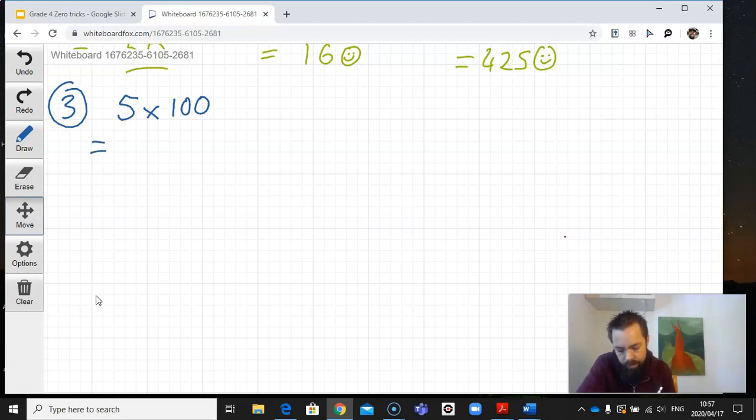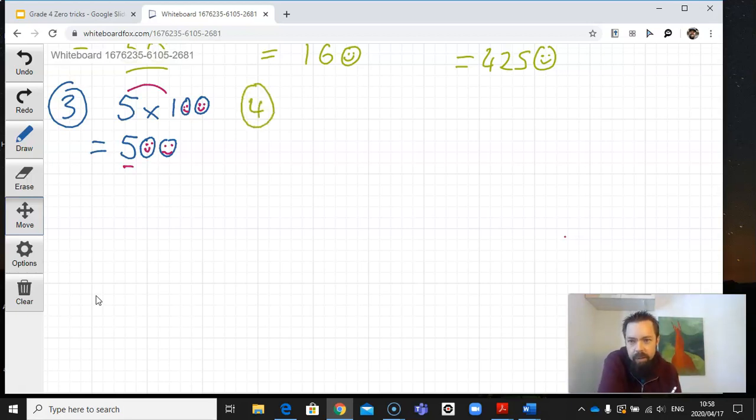Well, the answer to 5 times 100 is 500. And you'll notice 2 zeros, 2 zeros, 5 times 1 is 5. So the same thing holds true for that one. So now for number 4 and 5, let's use the trick without having to work things out in total.